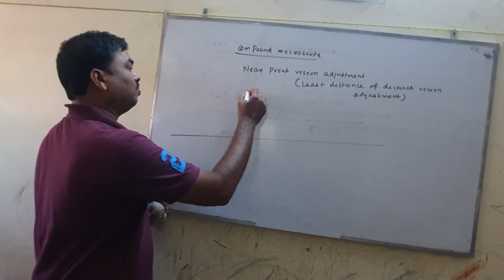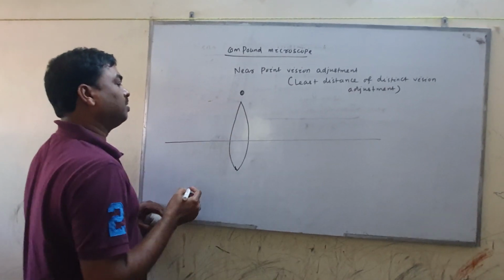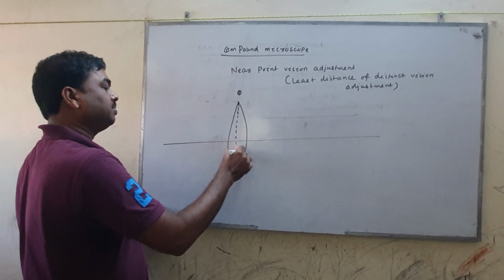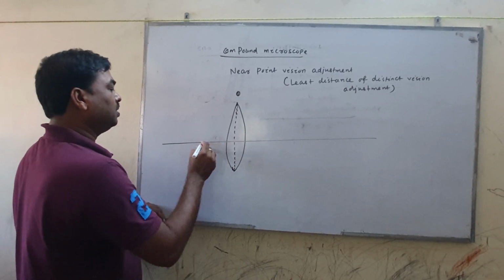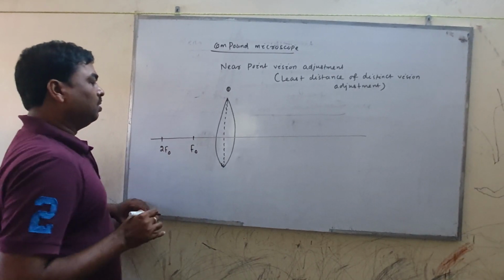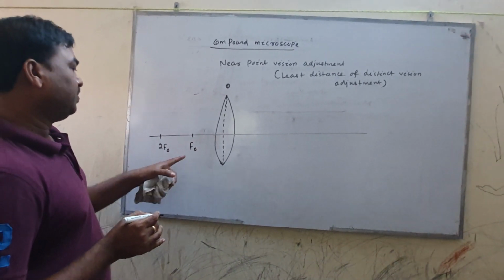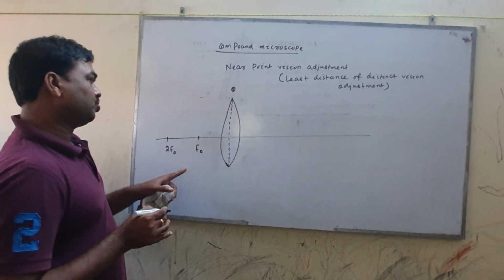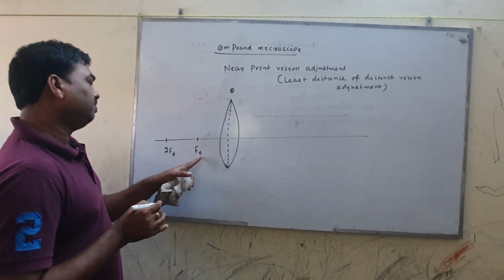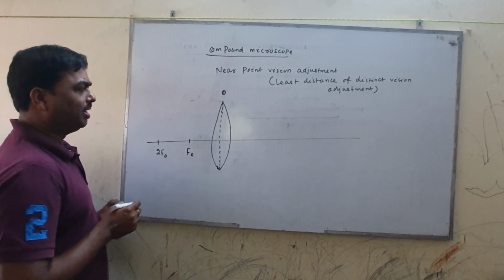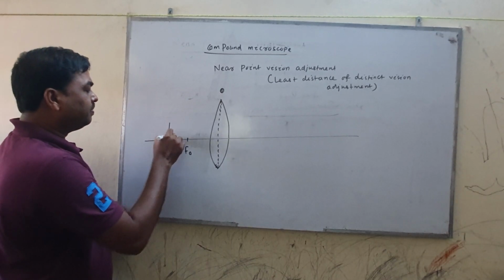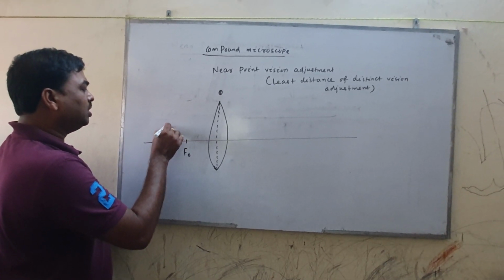This is O for objective lens. This is the aperture of the lens. This is Fo and this is 2Fo. Fo is called primary focus, and 2Fo is twice the primary focus. Fo means focal length of objective lens, 2Fo means twice the focal length of objective lens. And the object is adjusted between Fo and 2Fo.